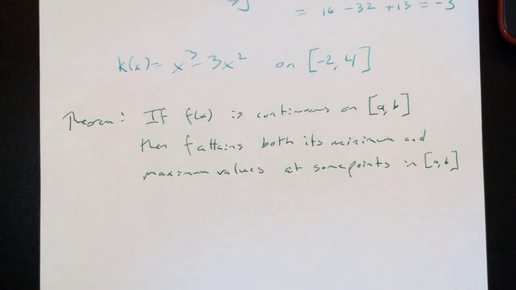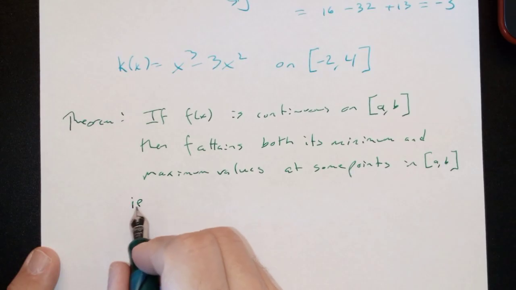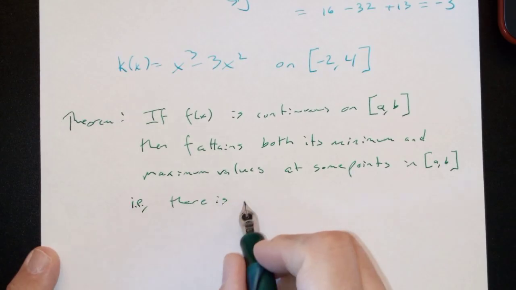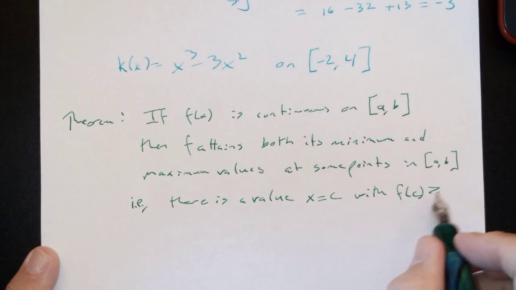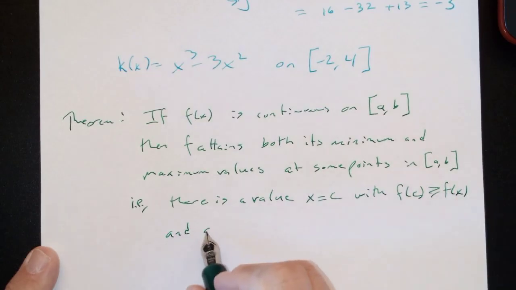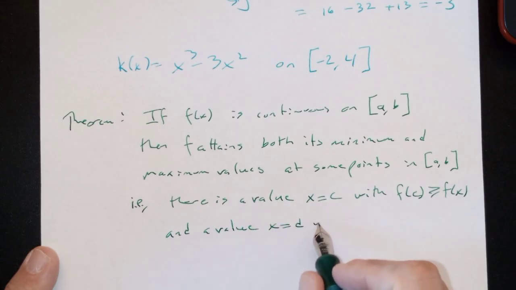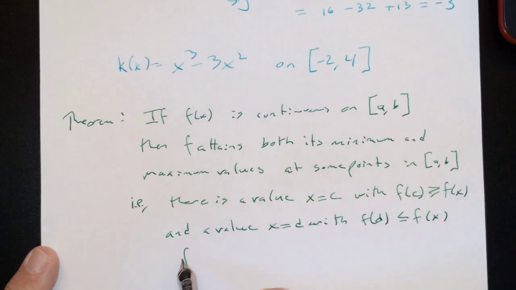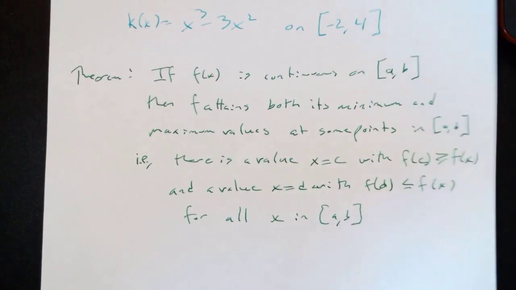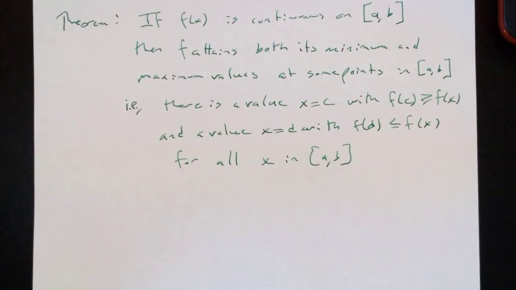I don't know what they are yet, but what this means is there's some point C, some point D, some X values that I will be able to find somehow where we have a highest and a lowest point.